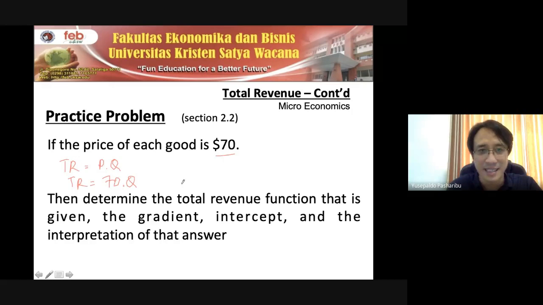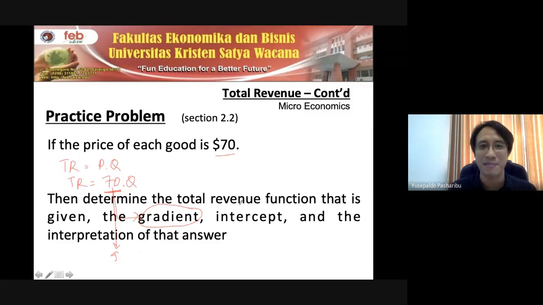It has a gradient and an intercept too. TR equals 70Q. So what is 70, intercept or gradient? Because 70 is in front of Q, the independent variable this time, this is the gradient.